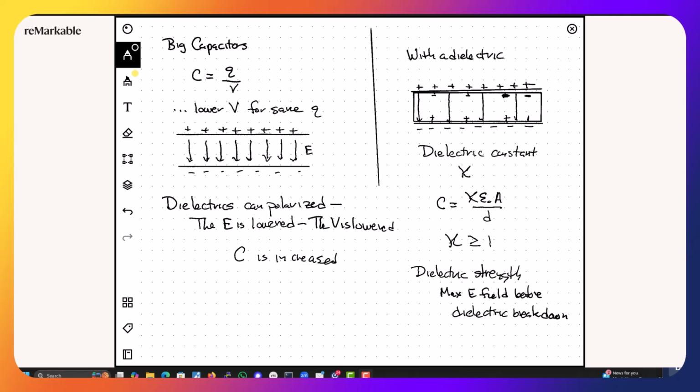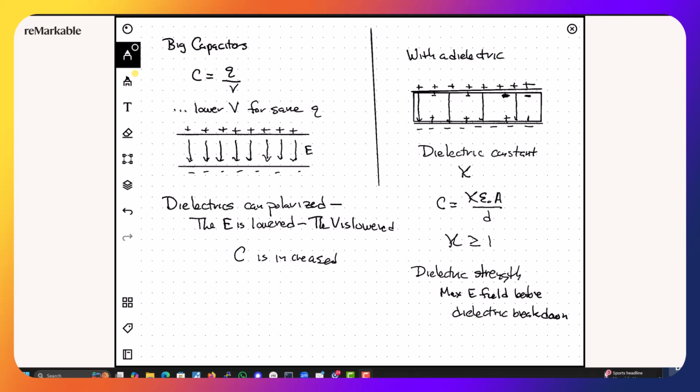So we see dielectric breakdown all the time in the summer in the Midwest. That's what lightning is. It's dielectric breakdown. The air loses its insulating capacity between the cloud base and the ground, and bang, that's dielectric breakdown. So you can't just put the dielectric into your capacitor and crank it up forever. At some point, it breaks.